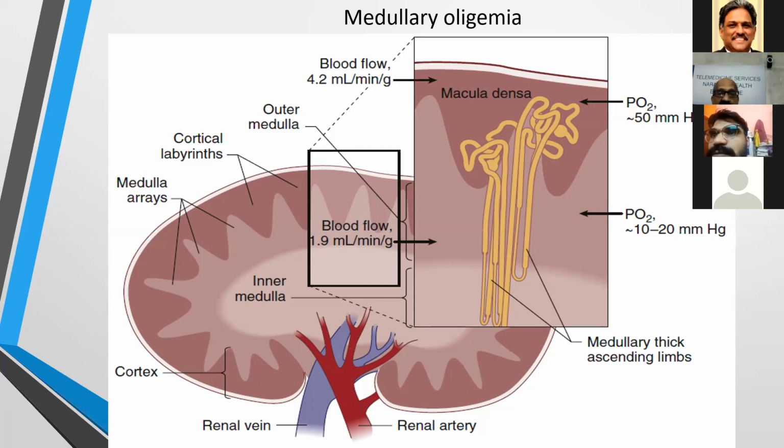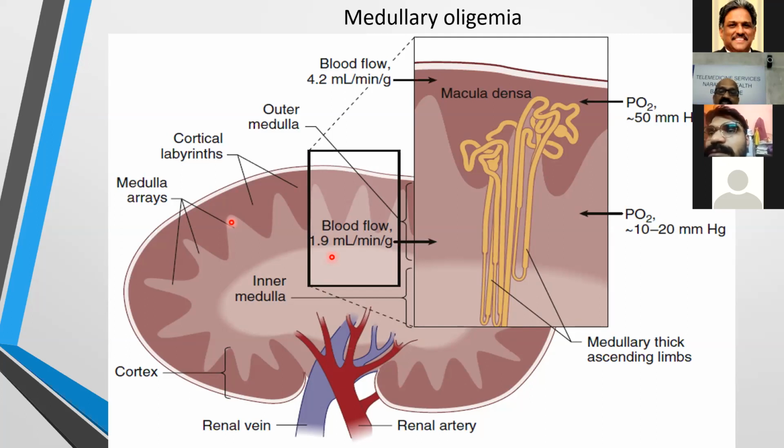Then coming to the oligemia, medulla, as we already said, medulla is intrinsically supplied less blood as compared to the cortex. You have the inner medulla, outer medulla, and the cortex. If you look at the blood flow to the cortex, it is 4.2 ml per minute per gram, whereas in the medulla, it is much less, less than half, about 1.9 ml per minute per gram.